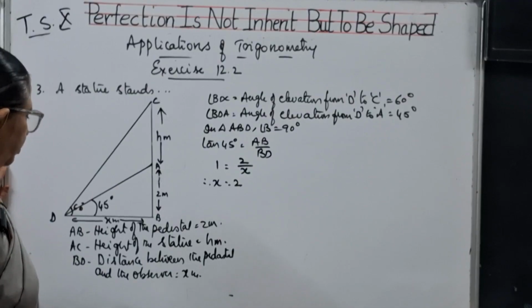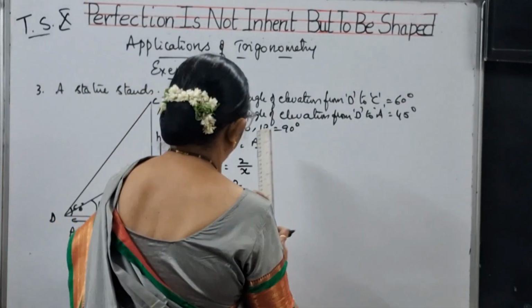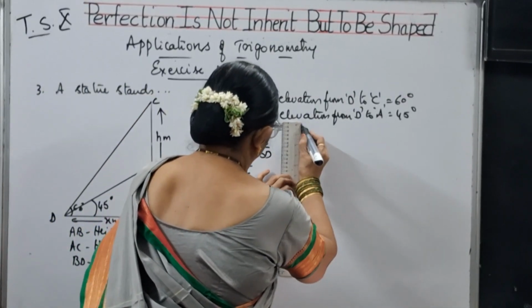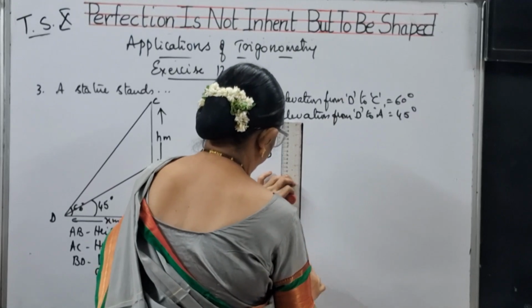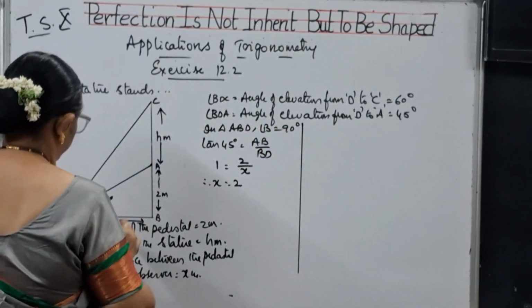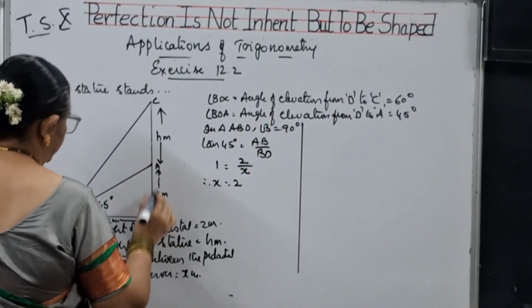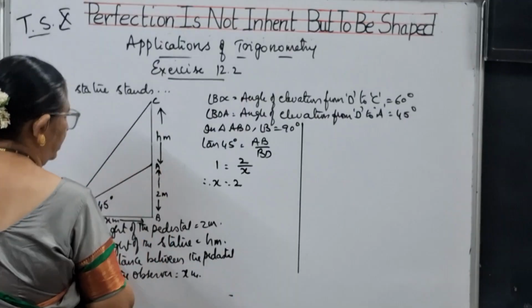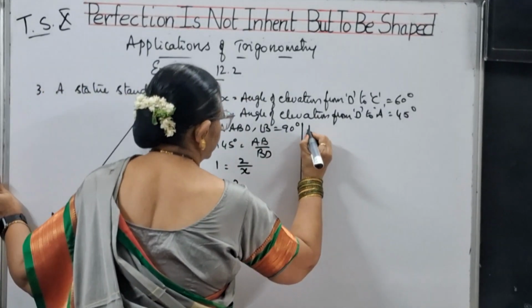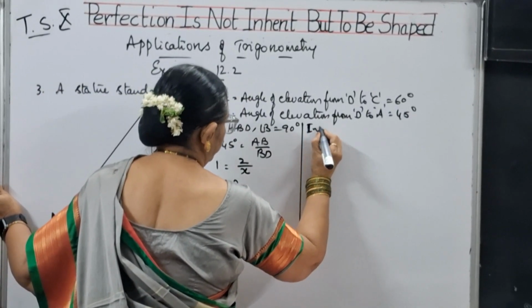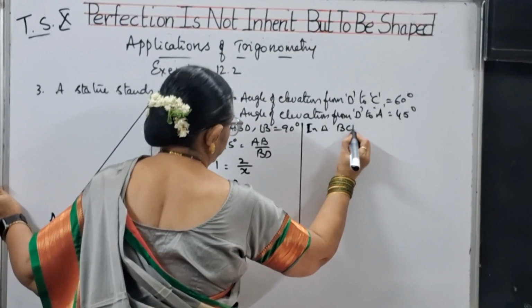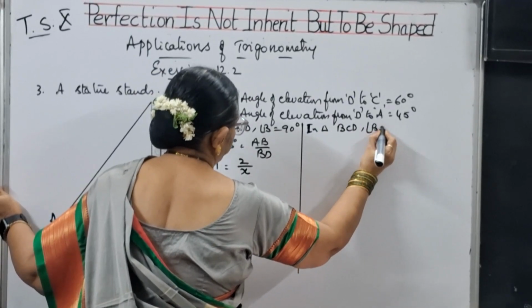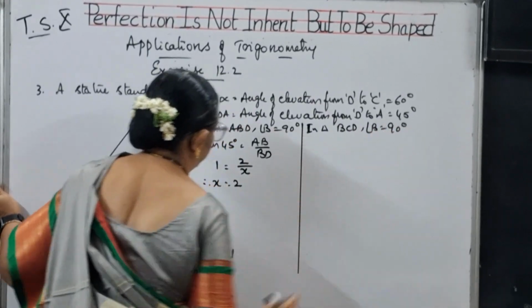I have got x value as 2. Now, let me take triangle BCD. In triangle BCD, angle B is 90 degrees.